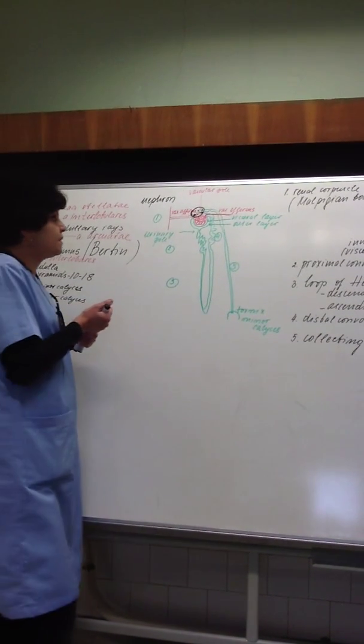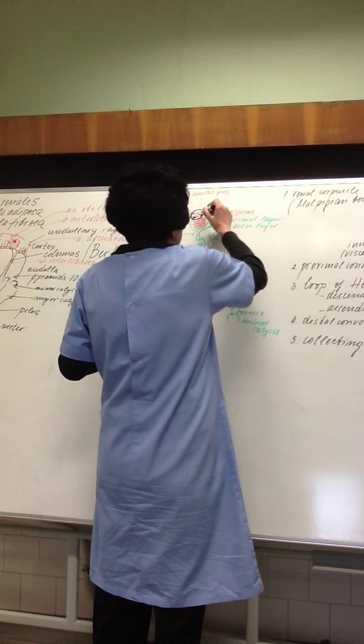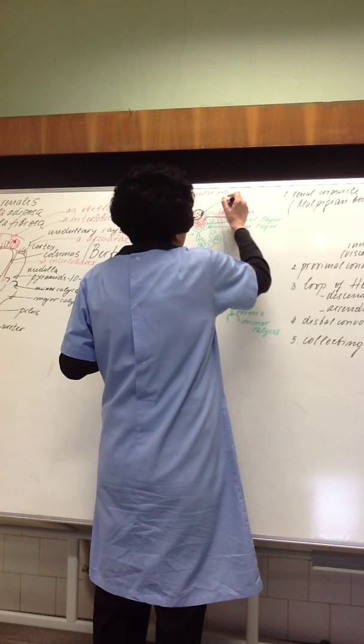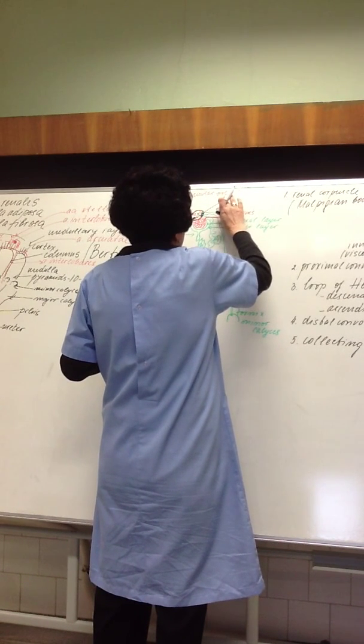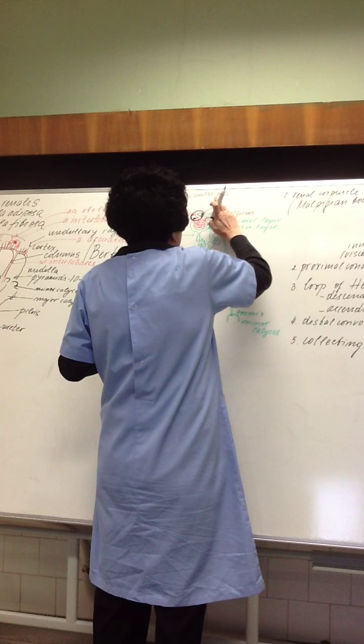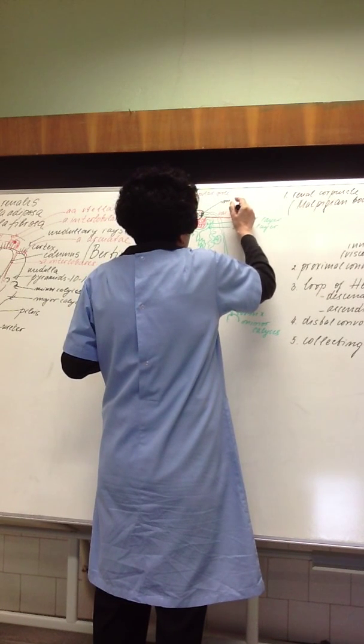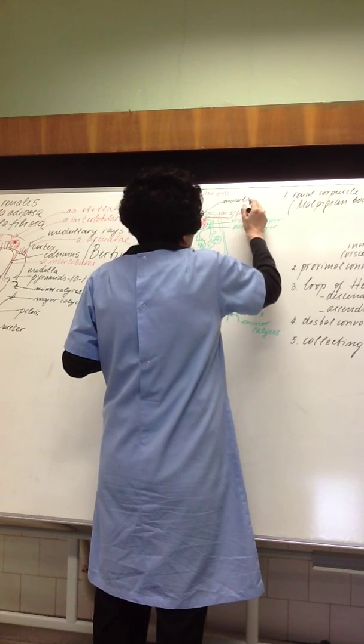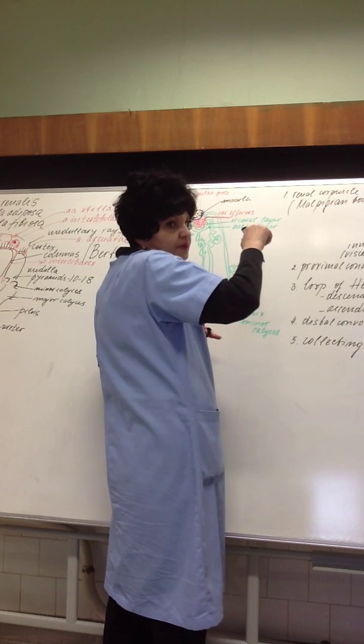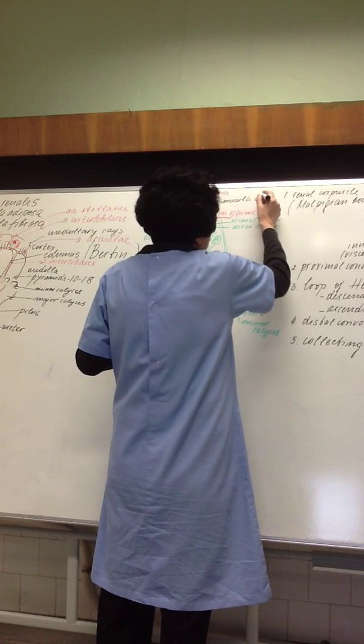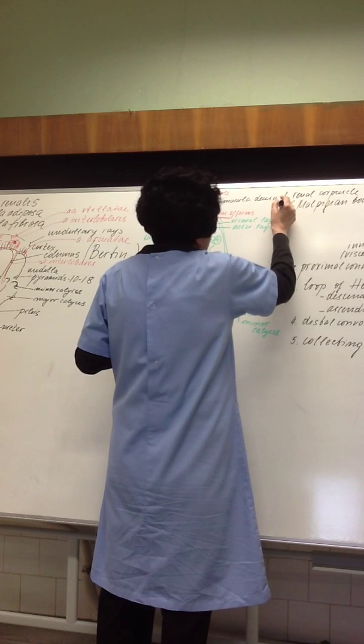These modified cells of the distal convoluted tubule are named macula densa. Macula means spot.